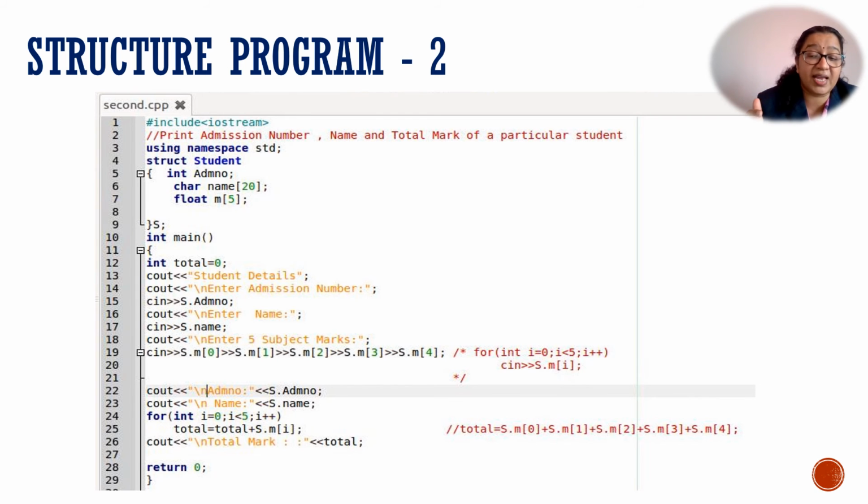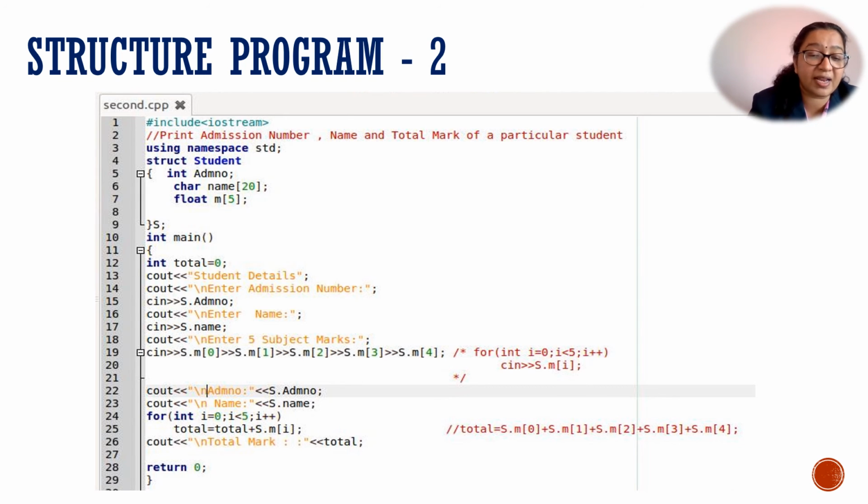Now how can we find the total mark? There also two methods are there. total = s.m[0] + s.m[1] + s.m[2] and so on. This method we can use. The other method is for (int i = 0; i < 5; i++) total = total + s.m[i].